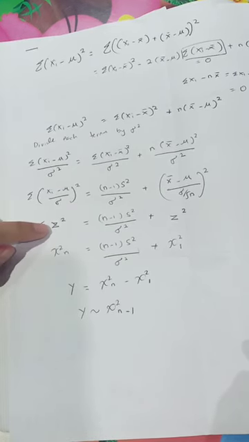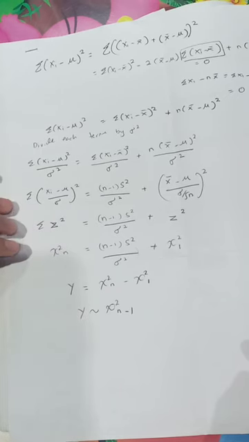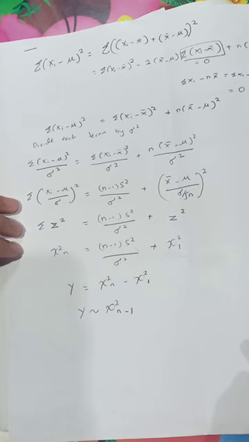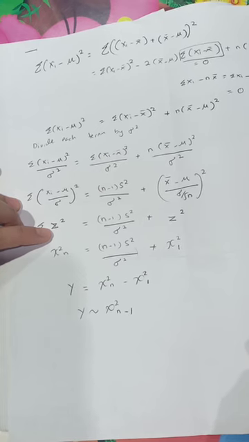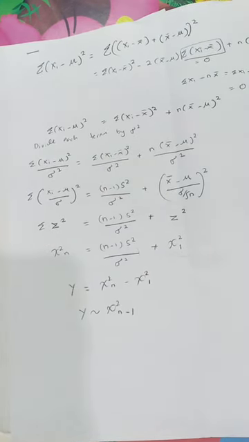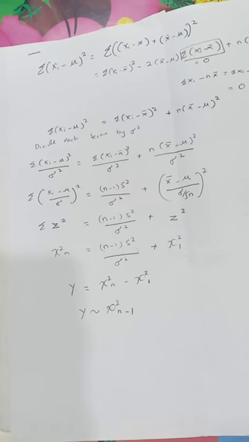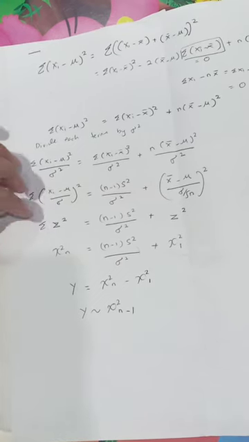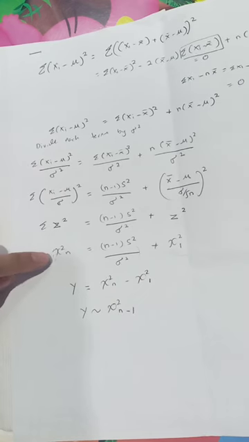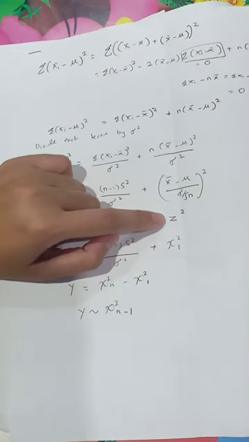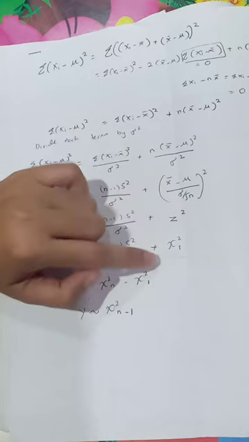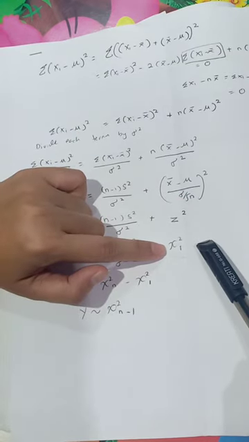From the previous theorem in this session, which is the chi-square theorem, it's saying that when x is a standard normal, x square will be chi-square 1. Summation of chi-square 1 will be chi-square n. Alright, this part remain, and this part, standard normal square, will be chi-square 1 from the previous theorem.